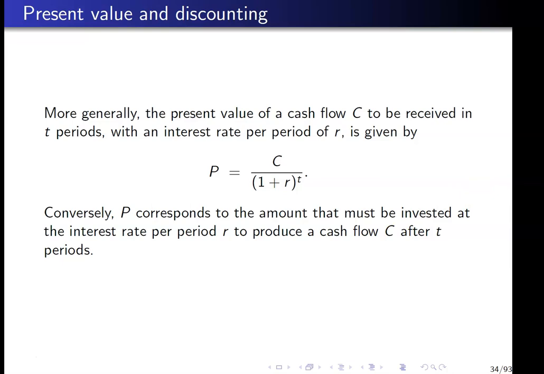More generally, the present value of a cash flow C to be received in T periods when the interest rate per period is R is given by C divided by (1 plus R) to the power T. So P corresponds to the amount that would have to be invested today over T periods at the rate R to be able to withdraw C dollars after T periods.